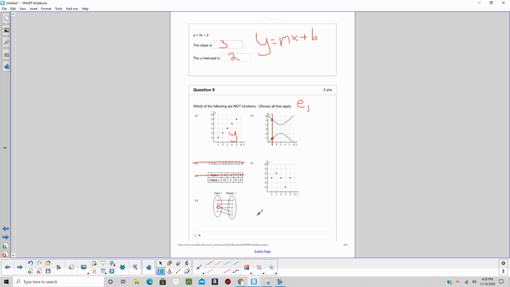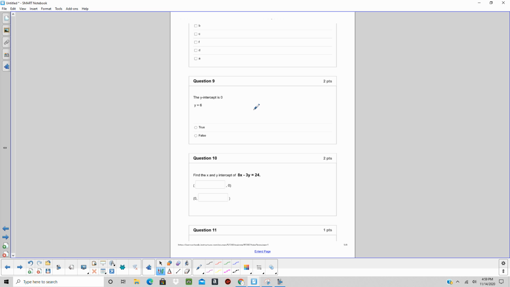That x is paired with 2 y's, 0 and 1. So that one is a choice. And on F, none of my x's are repeating, so that's a function. So the ones that aren't a function are E and D. And there were the choices.